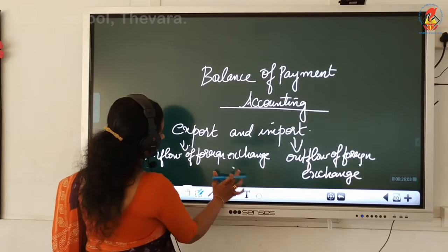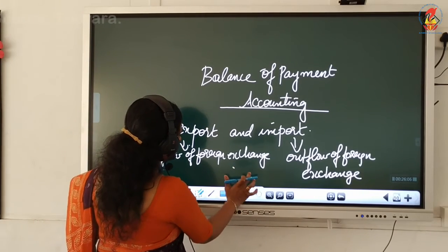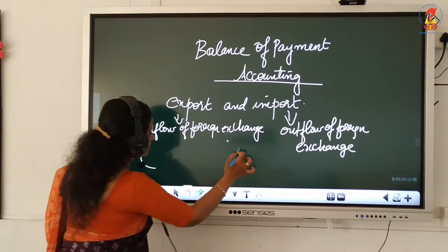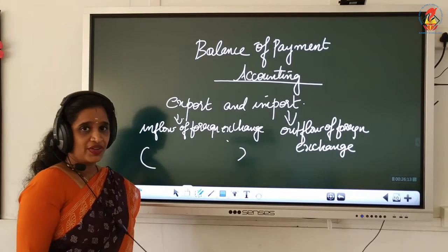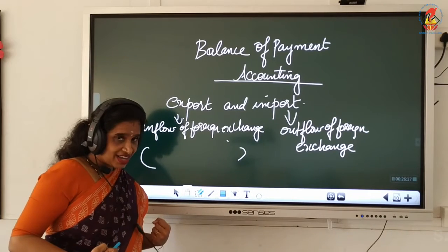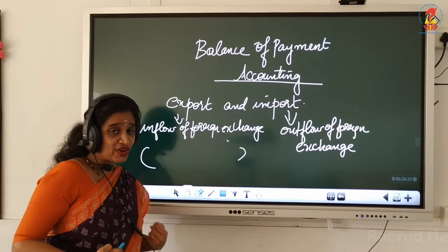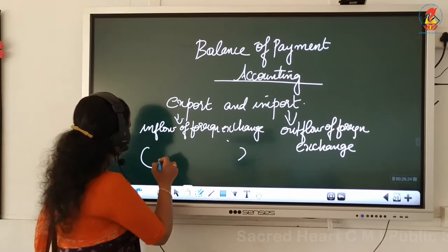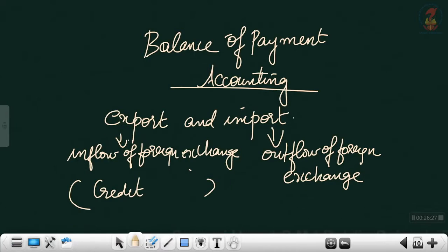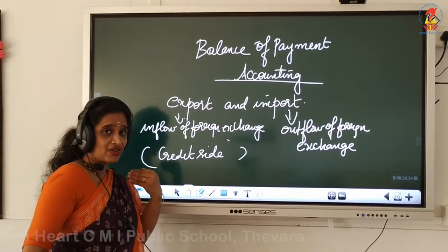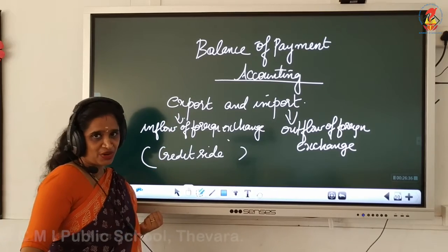Now, inflow of foreign exchange. That means the money that we are getting by selling goods and services can be recorded on the credit side. We have already learned that inflows are always recorded on the credit side of the accounts.